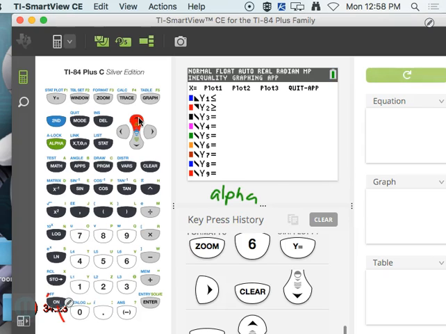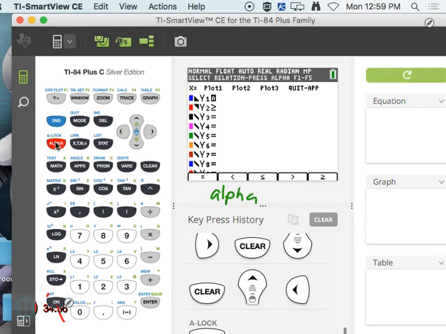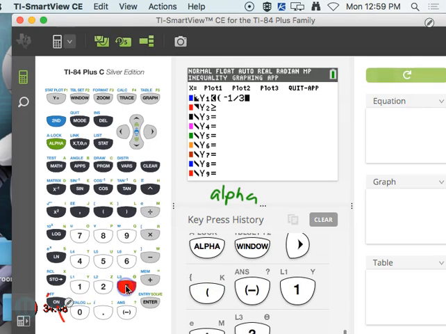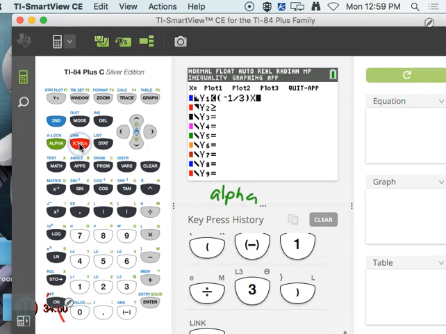So go back to this, arrow over the top of that, and then hit alpha, and whichever of these keys is below the one you want. So we wanted less than. So alpha, window, and that's going to change it to less than. And then we had negative 1/3 x, so parentheses. Negative 1/3 x plus 1.